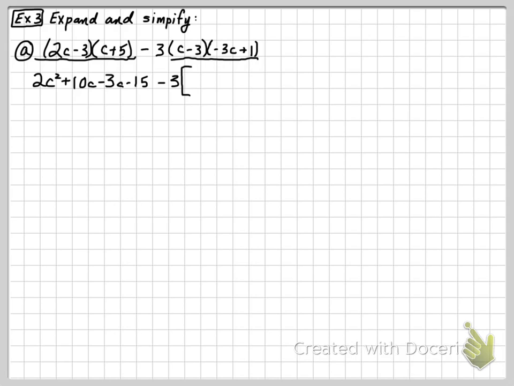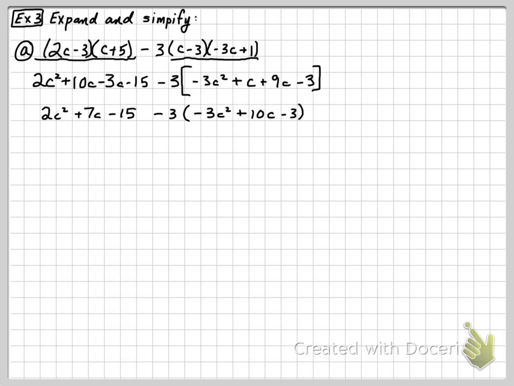I'm going to expand that to get negative 3c squared plus c plus 9c minus 3. Now I'm going to simplify what's in the brackets, and you're going to get 2c squared plus 7c minus 15. Now it's minus 3 times. I'm going to add the like terms here to get negative 3c squared plus 10c minus 3.